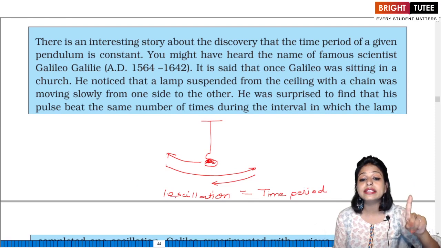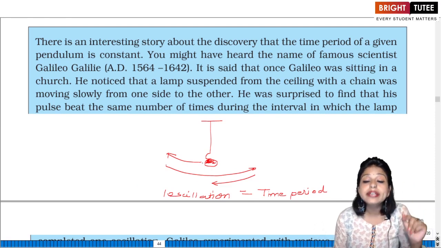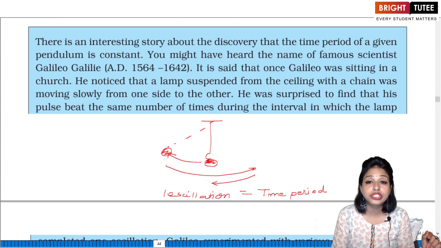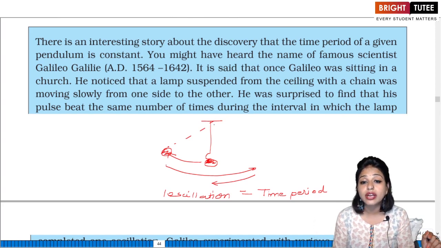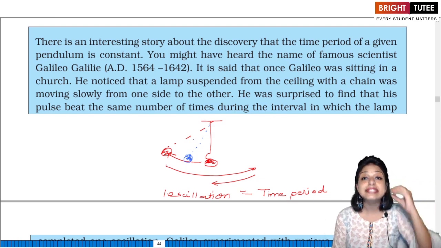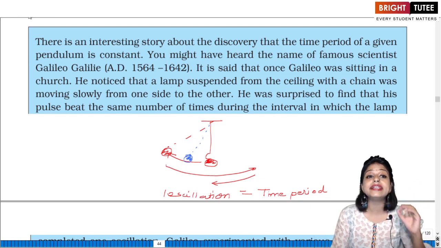Now when I say one oscillation, it doesn't matter whether my pendulum goes from here to here, or if I just make the pendulum go till this point. The time period to complete one oscillation is always the same.